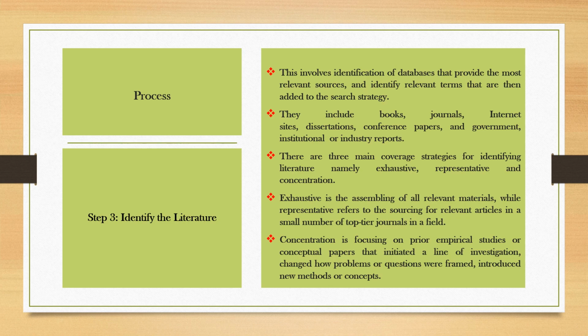So when you talk of identification of literature, assuming, for instance, I'm interested in understanding factors that contribute to drug abuse in society as a possible research problem, then what is needed at that level is for me to assemble all literature that talks about alcohol and drug abuse.